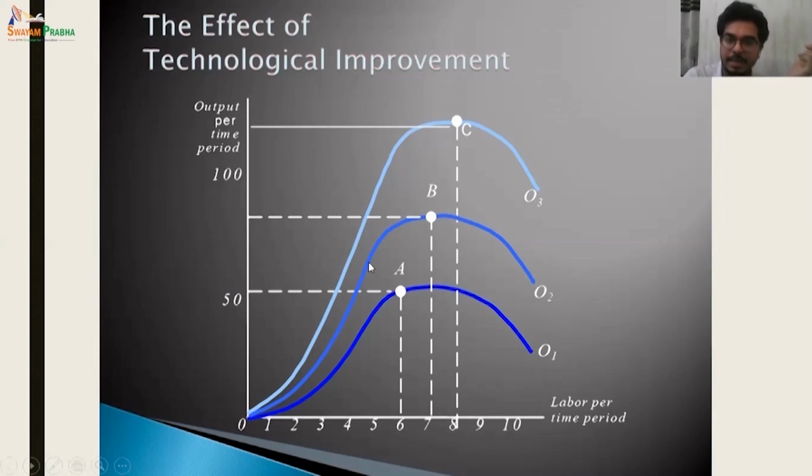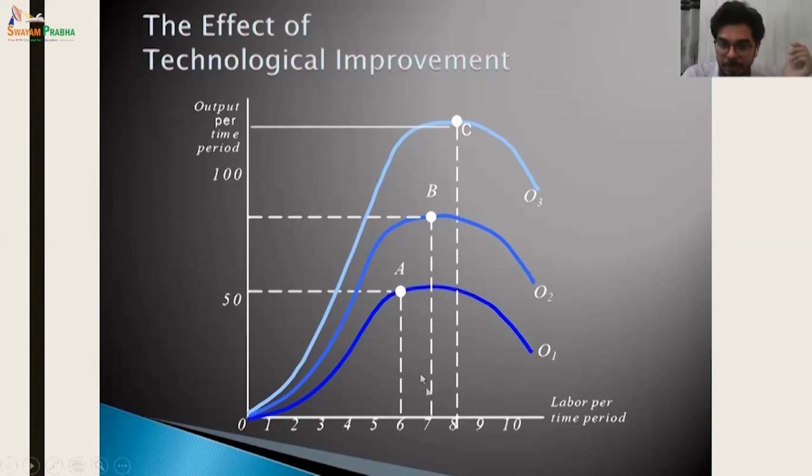When I improve my technology further, the production process, again with the same factors of production and the same quality of factors, especially the labor force, which is the only factor of production I am discussing here, the total product can just shift upwards with the improvement in technology.